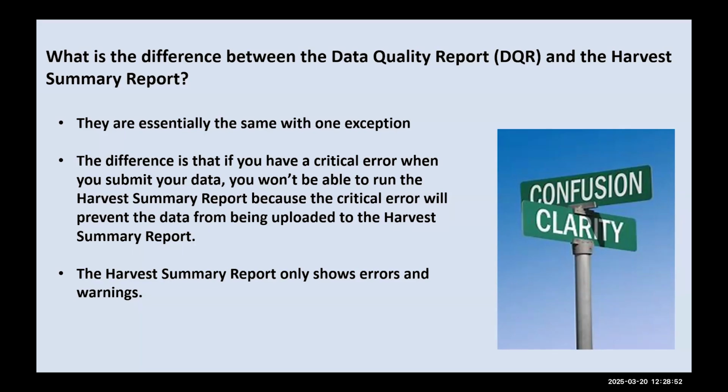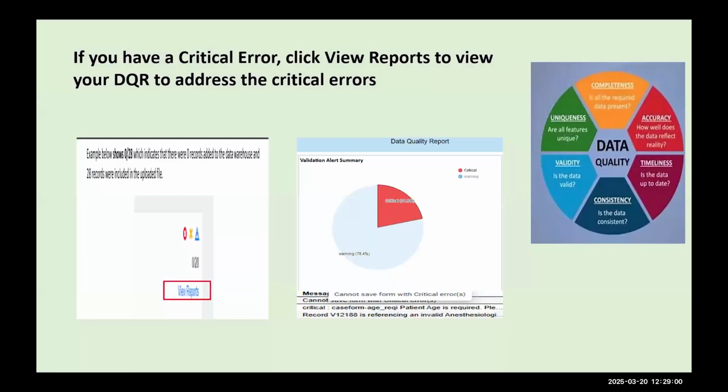So the harvest summary report only shows errors and warnings. It doesn't show critical errors. That's the main difference. So if you have a critical error, you would view your reports directly in the data quality report to fix those errors.